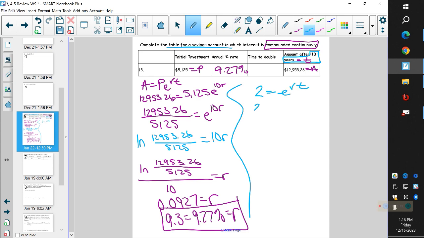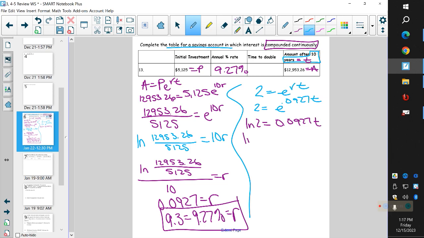So now I know 2. I know my rate, which is 0.0927, and I need the time that it's going to take for that to happen. So how do I get rid of the variable in the exponent position? Natural log. Yep, so I take the natural log of both sides, and I'm going to get 0.0927 times t. How do I solve for that?